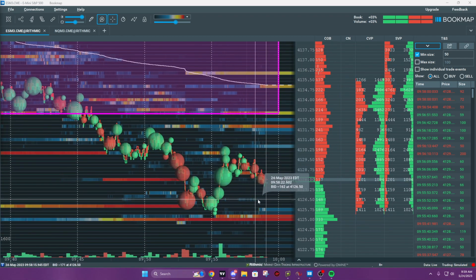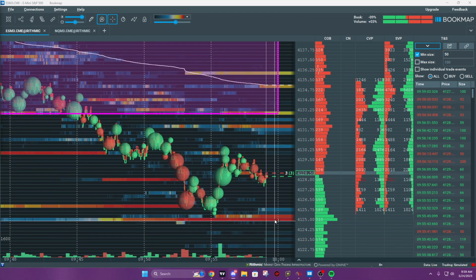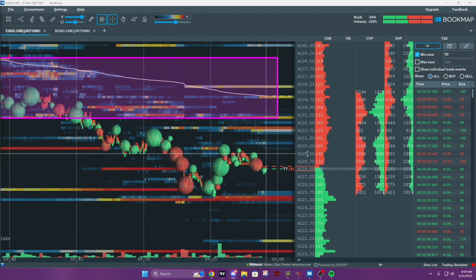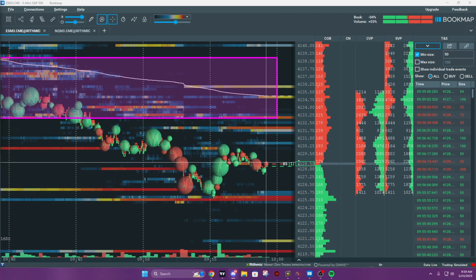Not a lot going on right now. Really want to see 41.25 get broken for that downward continuation.